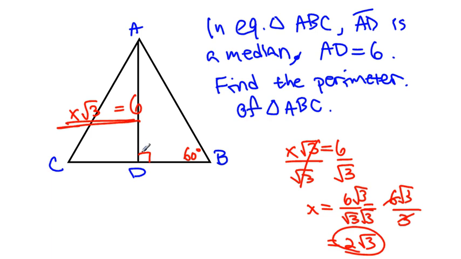That is the value of x. Since this is x radical 3, the value of x would have been from here to here. DB or CA, they will be equal values. So here we have 2 square root of 3. But since the altitude is also the median, we get to realize that this is also 2 square root of 3.